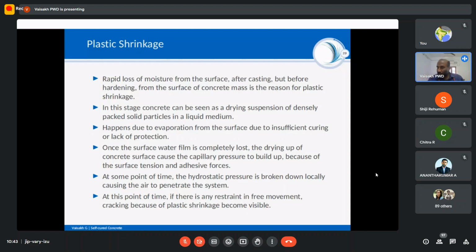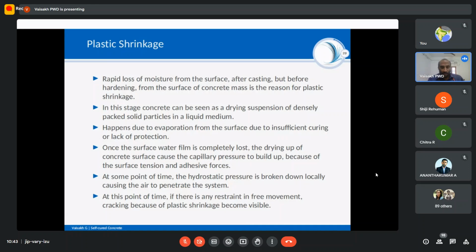After laying and placing the concrete, compacting it and finishing it, we observe a very thin film of water on the surface. And if this water is completely lost, then the pores will open up and the water from the pores will evaporate.